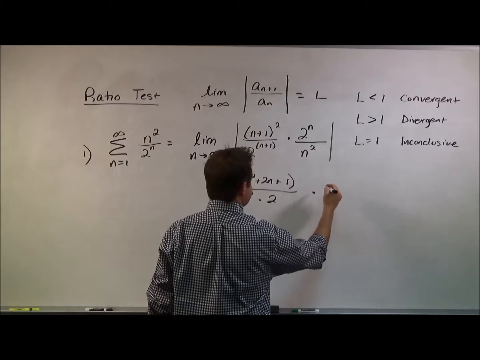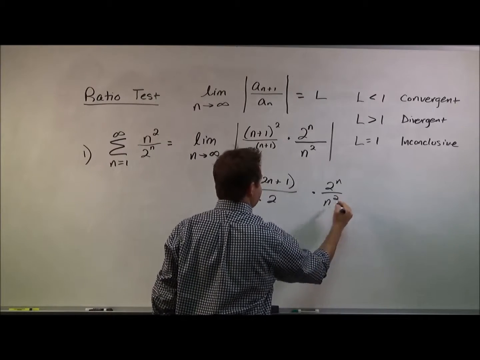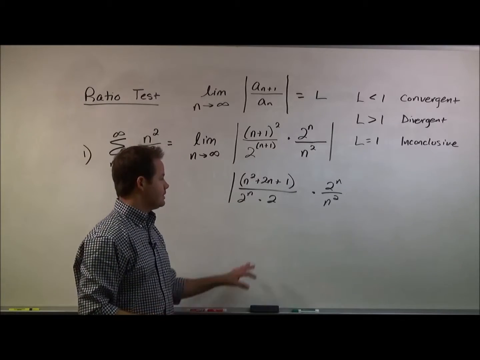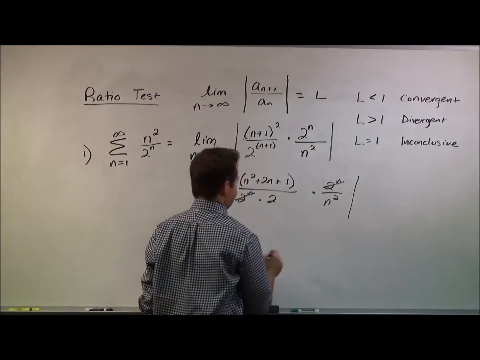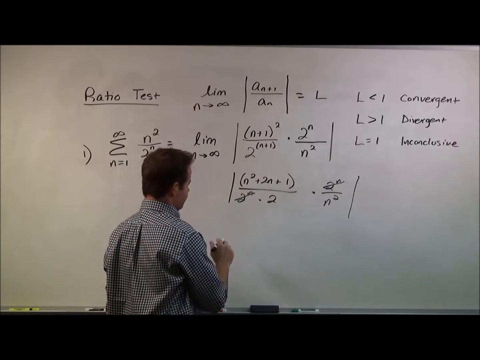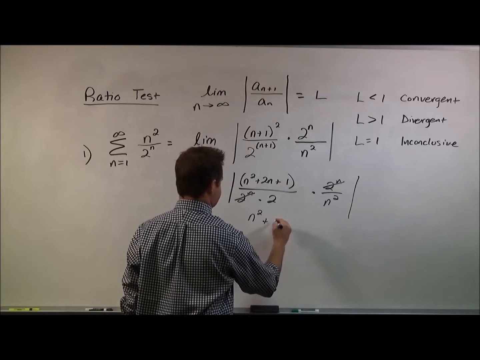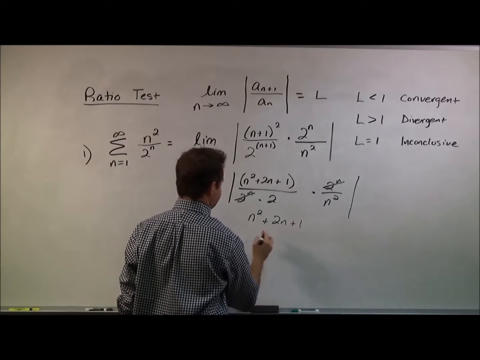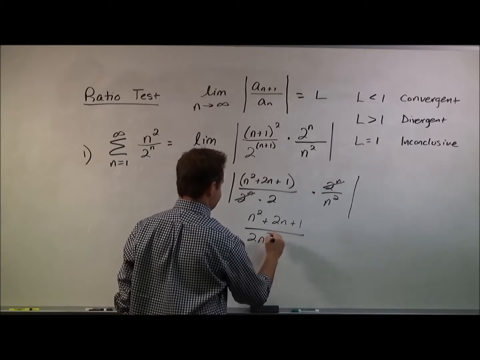And then times, over here, we're going to have 2 to the n over n squared. Now, when we go to simplify this, 2 to the n will cancel out. And so what we're left with is just going to be n squared plus 2n plus 1 all over 2n squared.